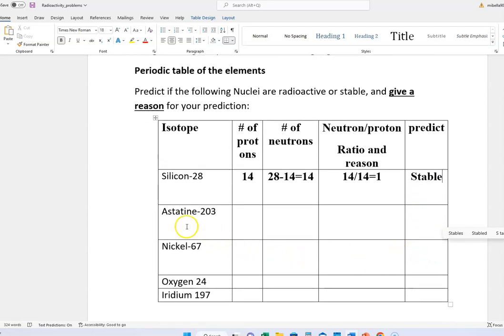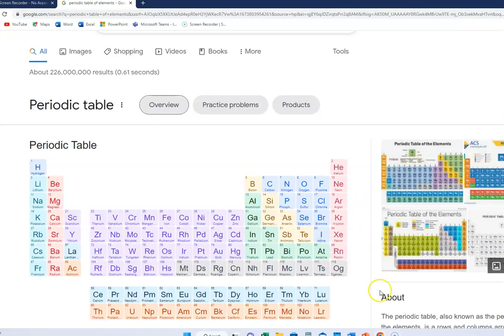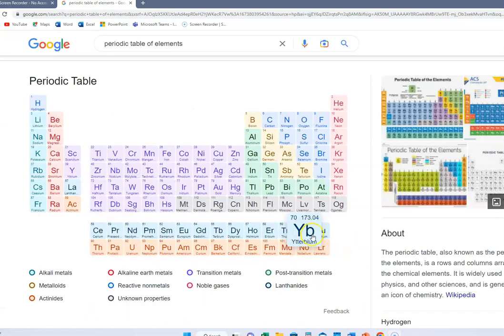All right, so the next one, astatine 203. We need our periodic table. We've got to find astatine. Let's switch over to this. There's our periodic table. Astatine is right here.